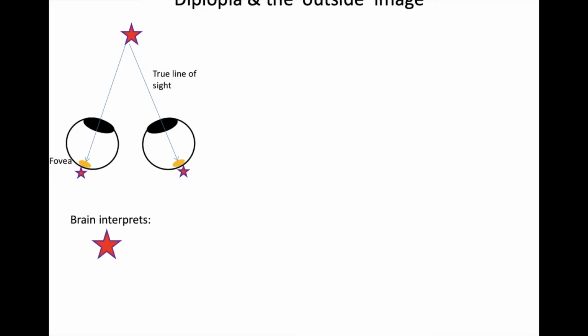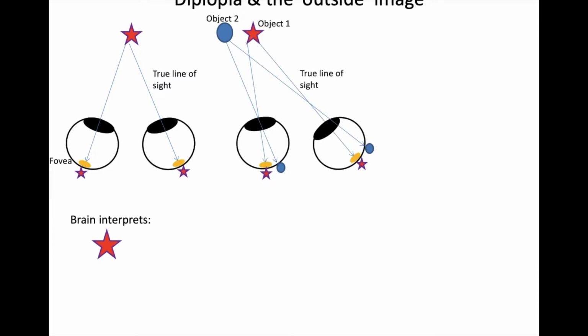Now, imagine another normal situation. There's two objects, a red star and a blue circle, at the side of this person's vision. I've asked this person to now fixate again on the red star, but there's also a blue circle lateral to it. This person can move their eyes normally. Now, you can see that the light from the red star, because the eyes are moving normally, still hits the fovea of both eyes.